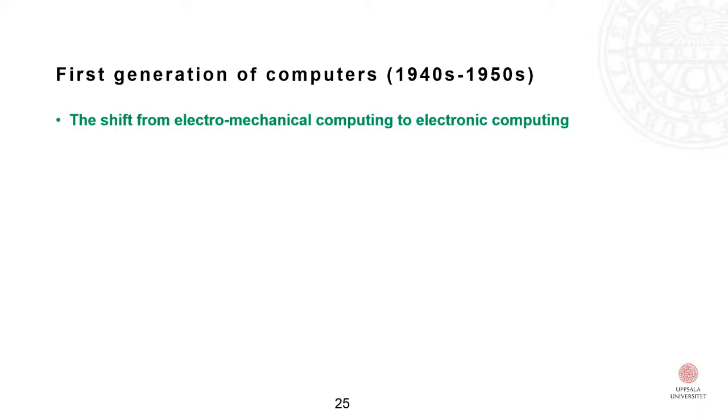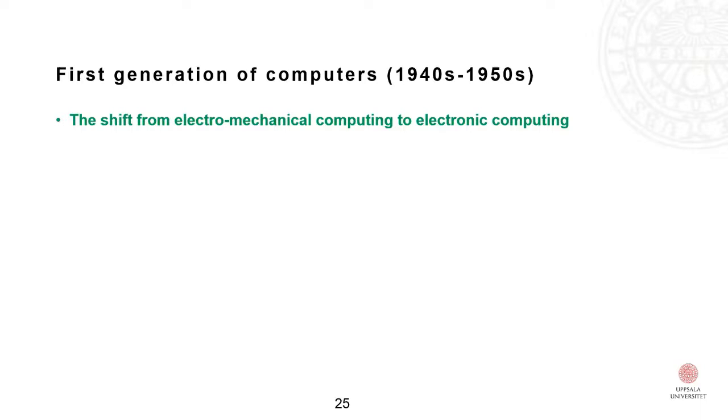They are not mechanical and electronic like relays anymore. They are purely electronic. So it means that in the circuits inside a computer, we don't have any mechanical parts that have to move. This is a huge breakthrough. So this set the stage for the first generation of computers.